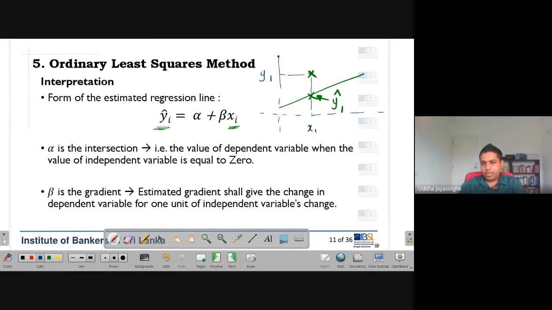So for these x1 points, students, this is the y1 point. But once you came up with this equation, this y hat i is going to be the value calculated for this x1 value from this line that you brought in.